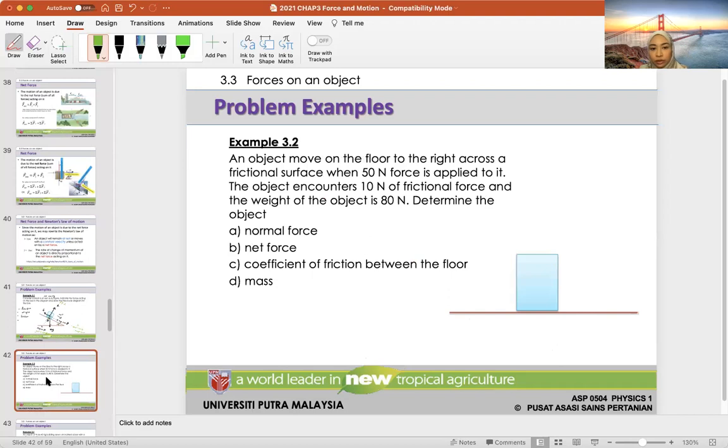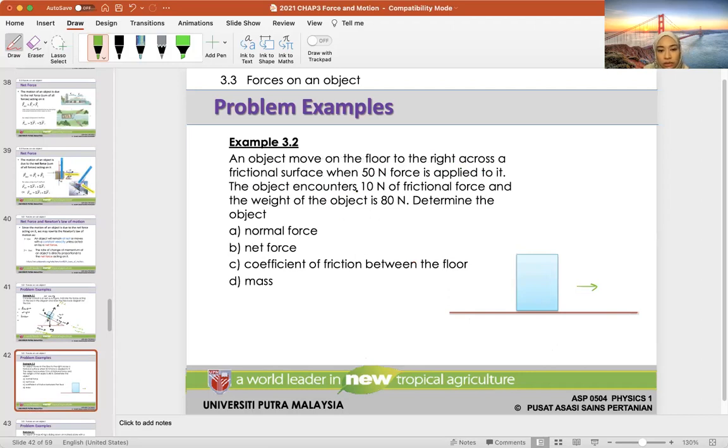Okay, example 3.2. Okay, ni korang buat sendirilah. An object moves on the floor to the right across a frictional surface when 50 Newton force is applied to it. Okay, so ada 50 Newton force applied.